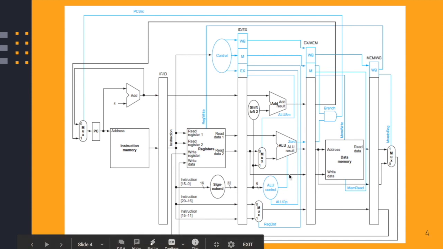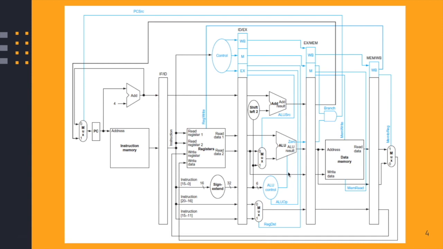So these were the three control signals I needed to use in the execute stage. All other remaining control signals will then be passed to the EX/mem pipeline register, and I will get rid of what? Of the execute control signals.